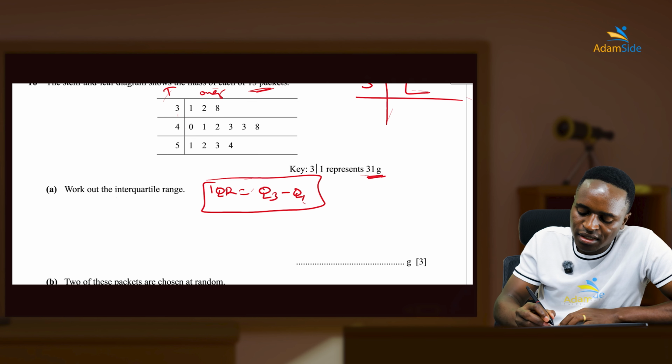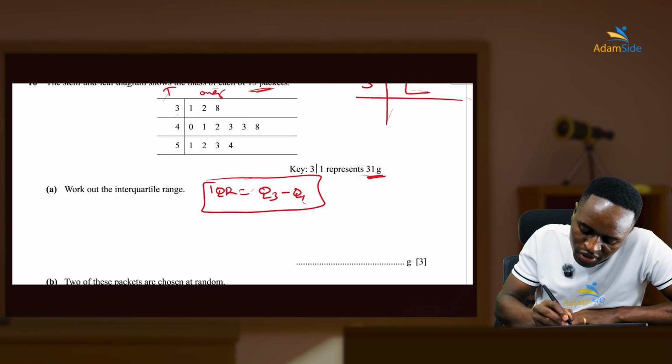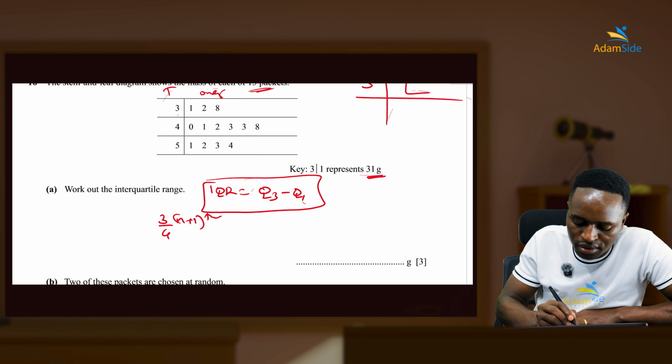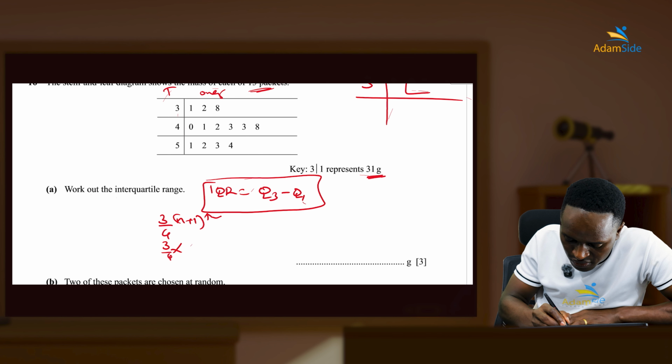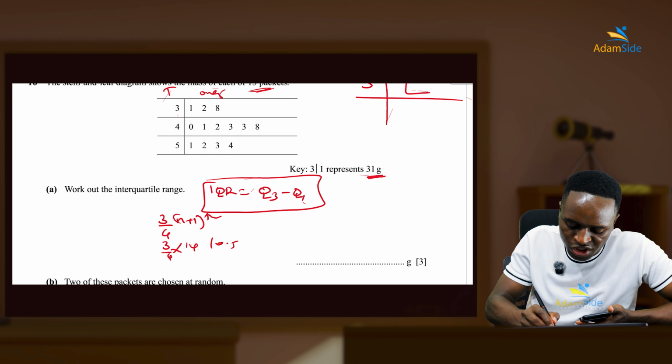To find Q3, the formula is 3 over 4 times (n plus 1) position. So 3 over 4 times, what's n? 13 plus 1 means 14, so that gives the 10.5th position.